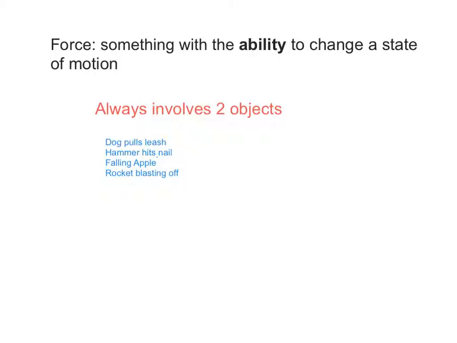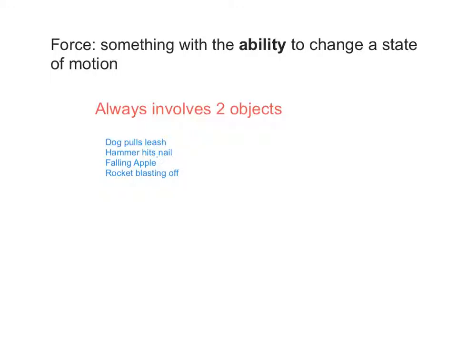So some examples of where there are forces involved. A dog pulling on a leash. Well, our two objects there would be the dog and the leash. Hammer hits a nail. There's a force there. Okay, what are the two objects? The hammer and the nail. With a falling apple, it accelerates because there is a force involved. The two objects that are involved in this force are the apple and the earth.